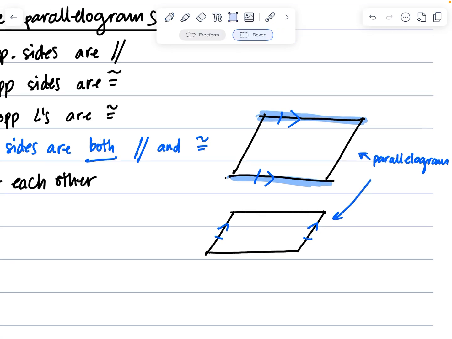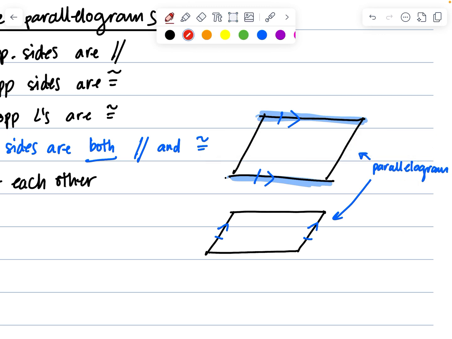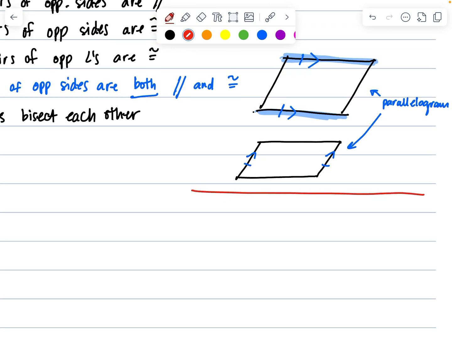Where it does get a little bit weird is if you have this case. So I'm going to draw a red line here to kind of mark that differently. And what happens when I have this case? If I have a quadrilateral where one pair of opposite sides are parallel, the other pair of opposite sides are congruent, that does not mean, this can be, but this is not always.